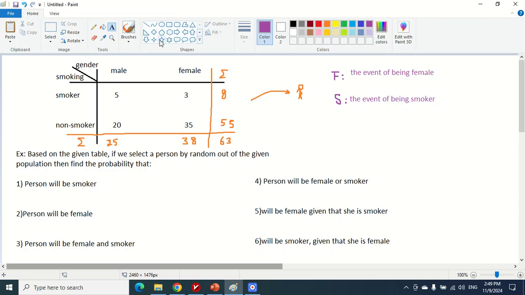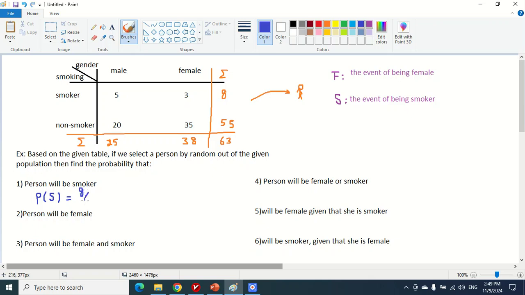So the first thing that the question asks is finding the probability that the given person will be a smoker. Means that I'm looking for the probability of S, being a smoker, and based on that one I just count the number of the smokers, which is 8, and I should divide it by the total, which is 63. So the result will be 8 over 63.